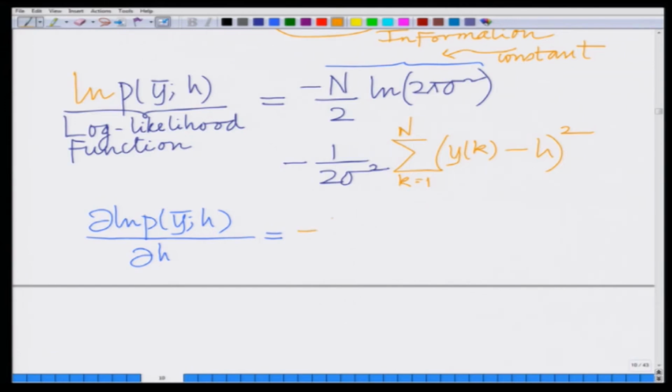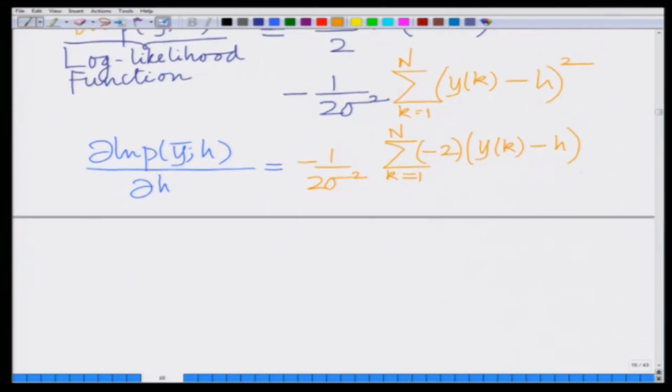What I am left with is minus 1 over 2 sigma square summation k equals 1 to n, the derivative of y k minus h whole square, which is minus 2 times y k minus h, the negative sign because there is a negative in front of the h. And therefore, this can be simplified as the derivative of the log likelihood function is basically 1 over, the 2's cancel.